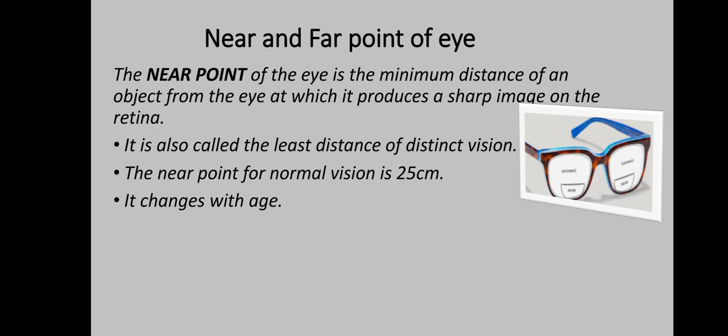It means 25 centimeter is the near point for young people, and as the age increases, people cannot see things located at 50 centimeter. Now in old age the near point becomes 50 centimeter.